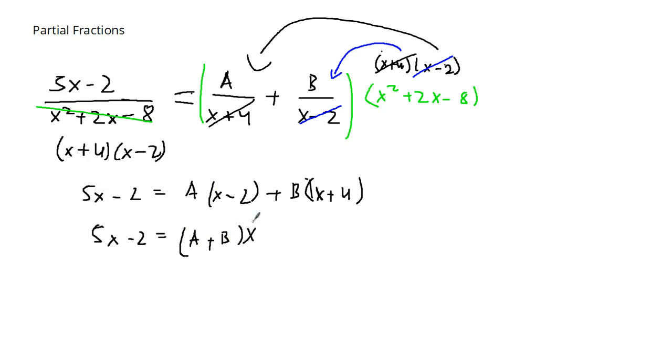So we're just going to do minus 2a plus 4b. So the x's add together to the 5. A plus b equals 5, and then minus 2a plus 4b is equal to the minus 2.